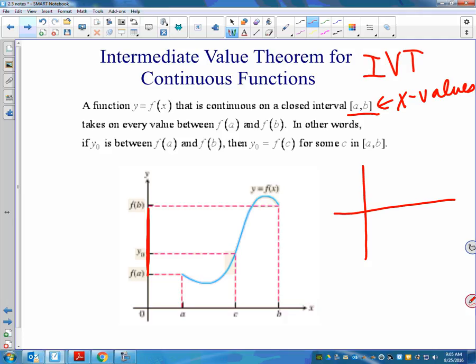If you know that f of 2 is 7, and f of 5 is negative 3, can we say we know it crossed the x-axis somewhere between 2 and 5? Because if it went from 7 to negative 3, we know somewhere it was 0.